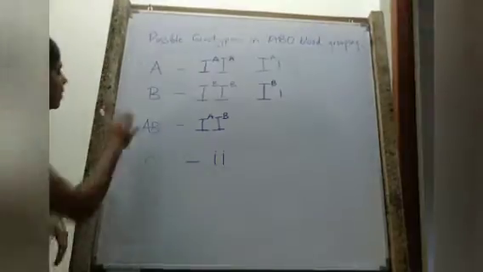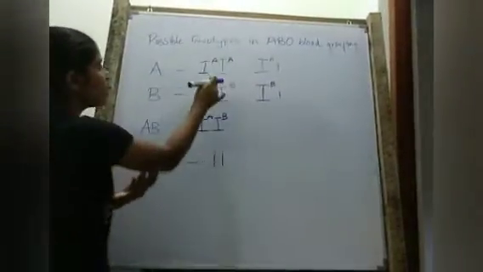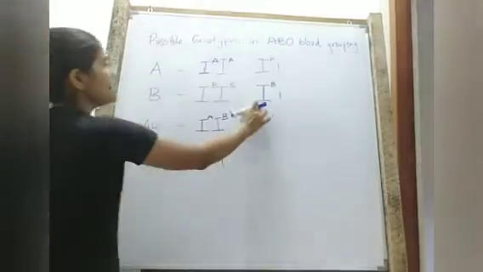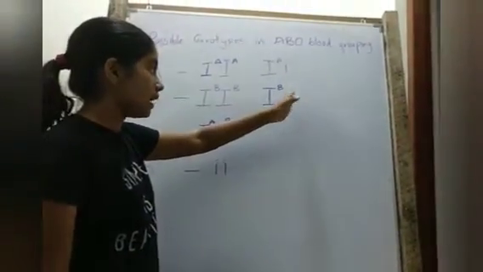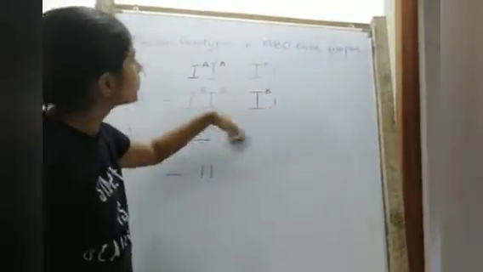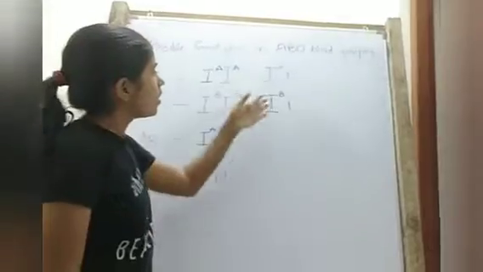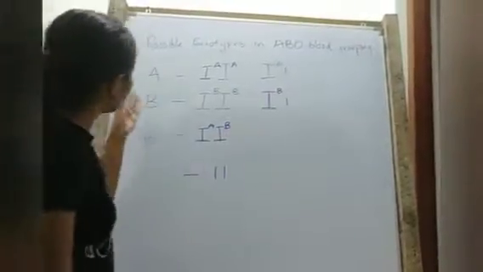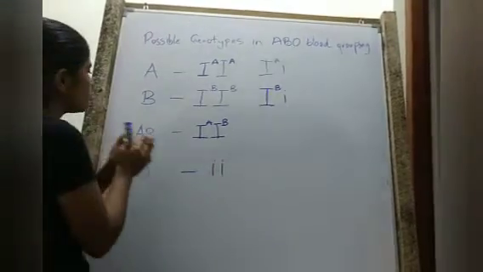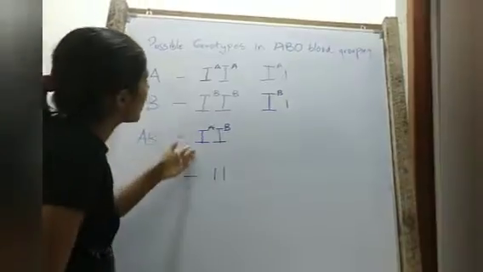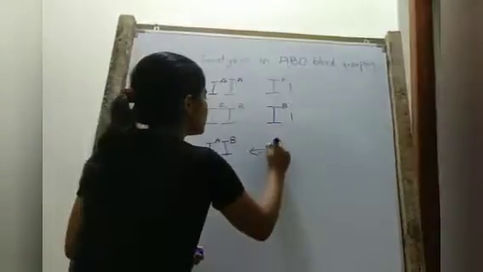So in here, B blood group also has two possible genotypes: capital IB IB and capital IB simple I. So in here also, simple I allele acts as the recessive allele, capital IB acts as the dominant allele and masks the expression of the recessive allele and gives out its trait, B blood group. So AB blood group only has one genotype, that is IA-IB. So this is the instance where codominance acts.